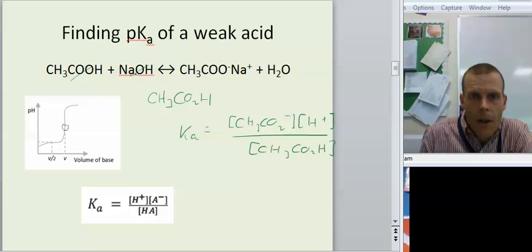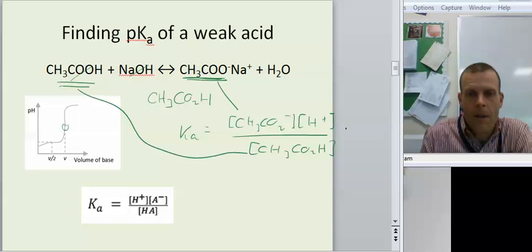Now, if I keep adding this in, at the start I've got lots and lots of this, not very much of that. If I keep adding this in, there'll come a point at which these two have the same concentration.